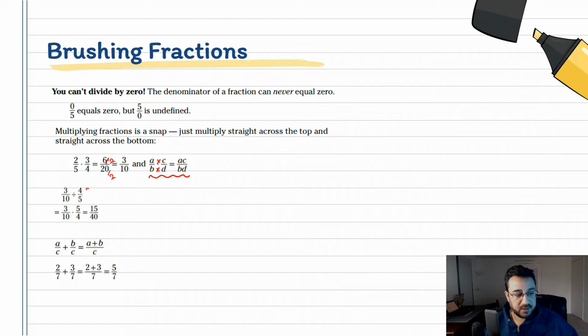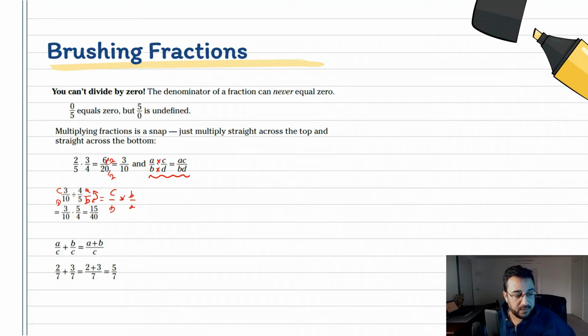So if you have a over b and c over d, in this case, if they are divided, you can say a over b multiplied by d over c. So you just moved the numerator and denominator of the second fraction. So this way you can do a multiplication.